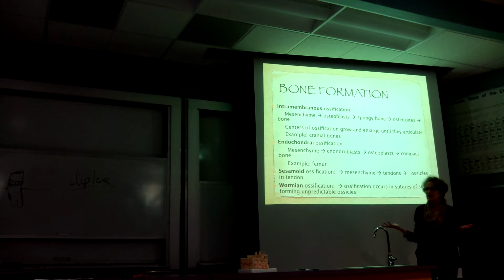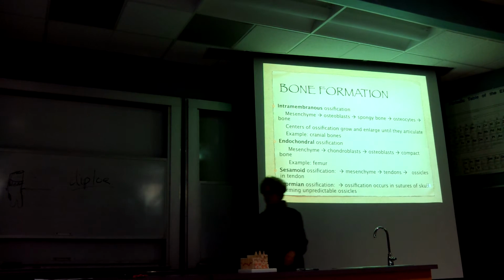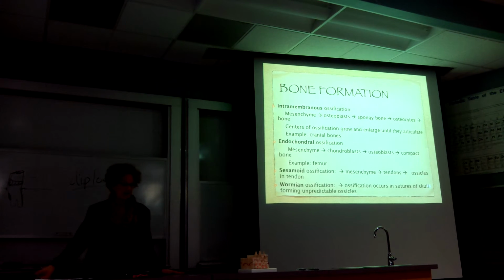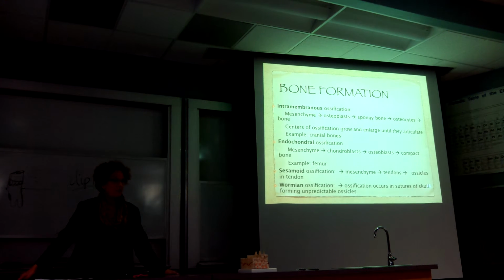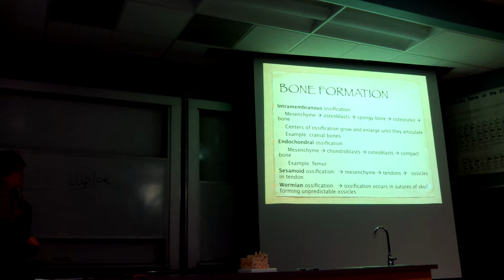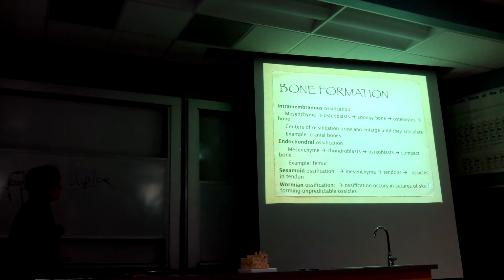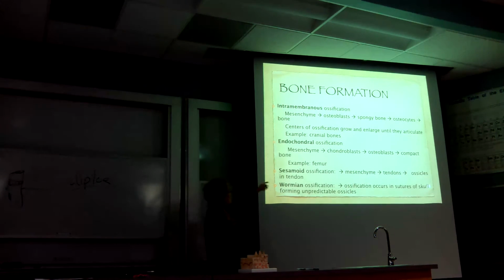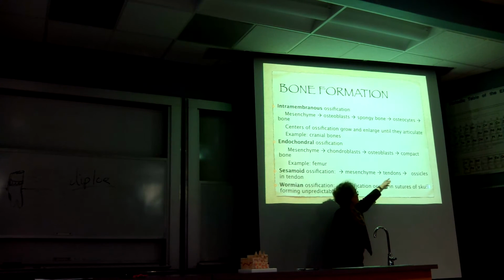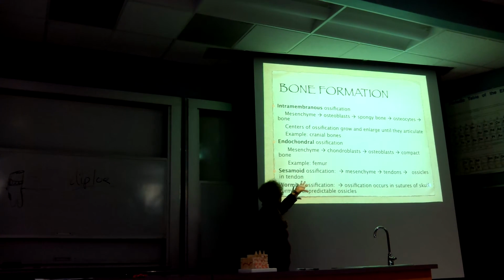And I can't tell you why it's that way, but it just is. We do have these two types of bone development. And the only reason I can think of is that the intramembranous is more useful for our rapid bone growth. I mean, everything in the skull is a little bit different. And then, of course, there is this other type of ossification, the sesamoid bone, where mesenchyme develops in the tendon and then becomes an ossicle.